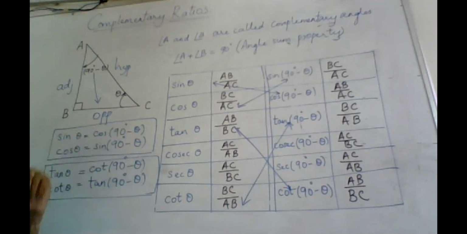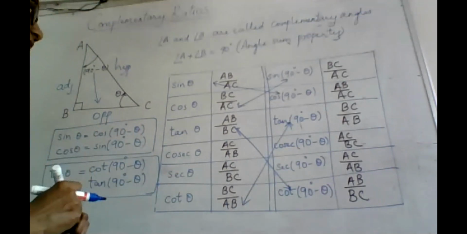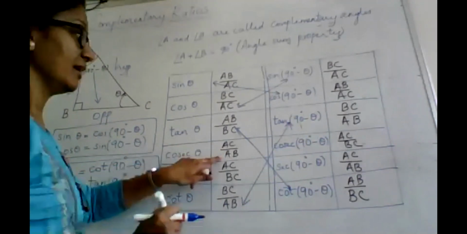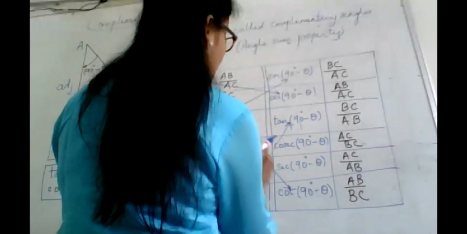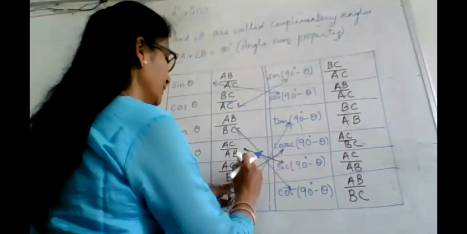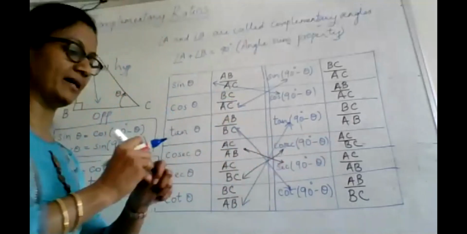The third set is quite obvious now. Now it is left over cosecant and secant. Cosecant is AC by AB. Where is my AC by AB here? So cosecant and secant are complementary angles. Can you see that? AC by BC, here also it is AC by BC.